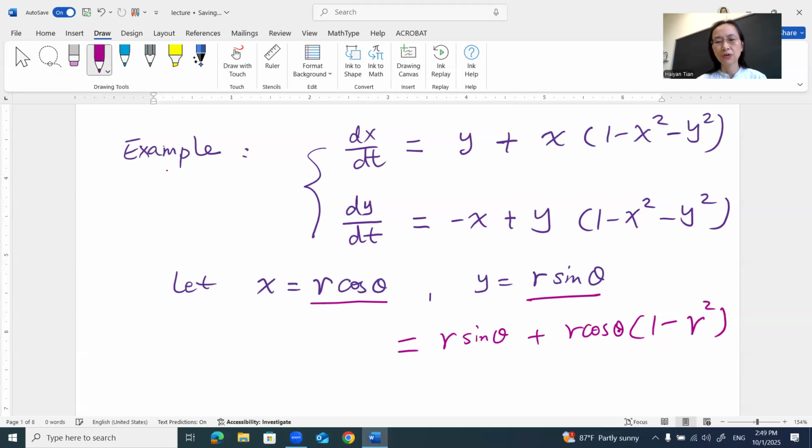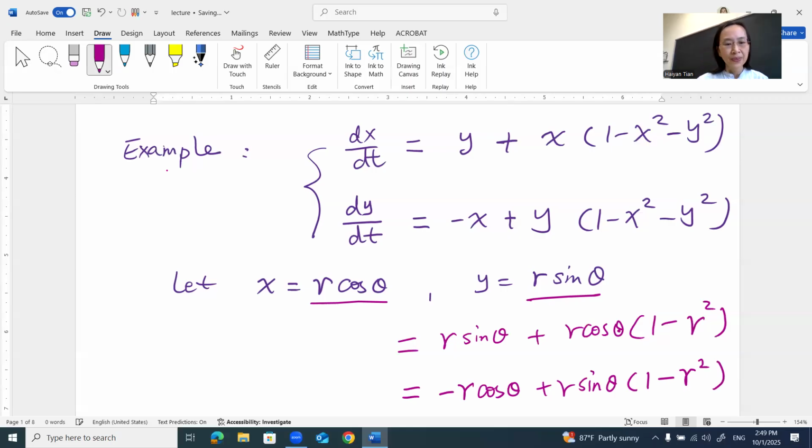And the second equation, the right-hand side, we can quickly get by simply replacing x with r cosine theta, y with r sine theta, and 1 minus, and we know x squared plus y squared is r squared.